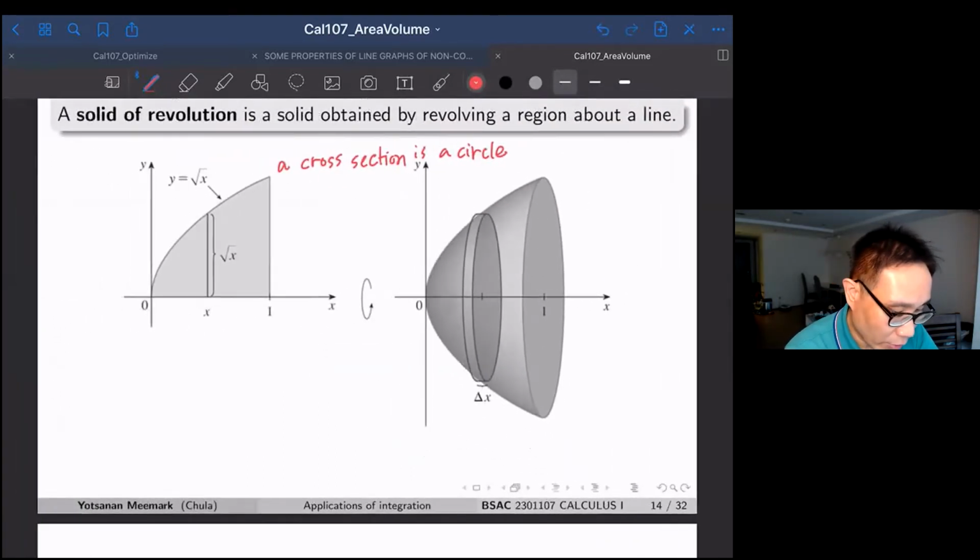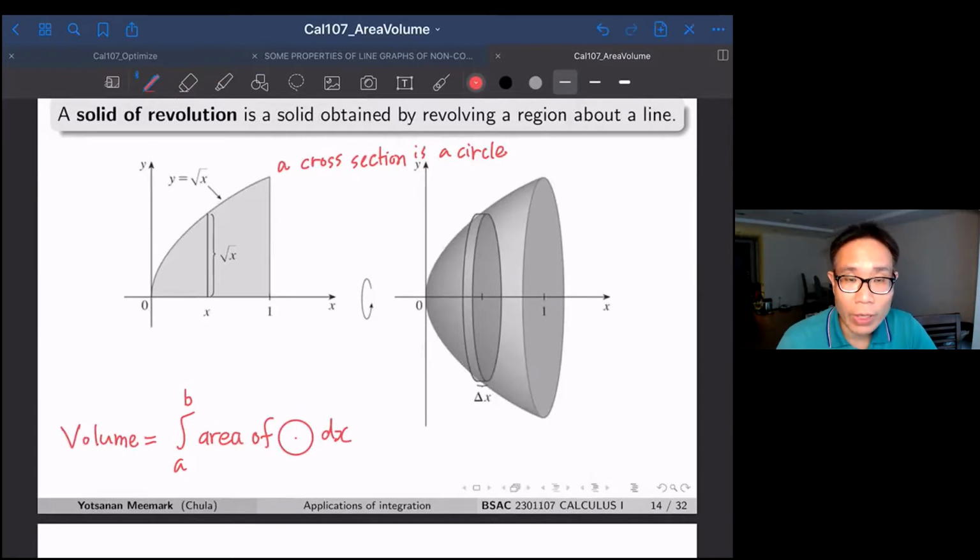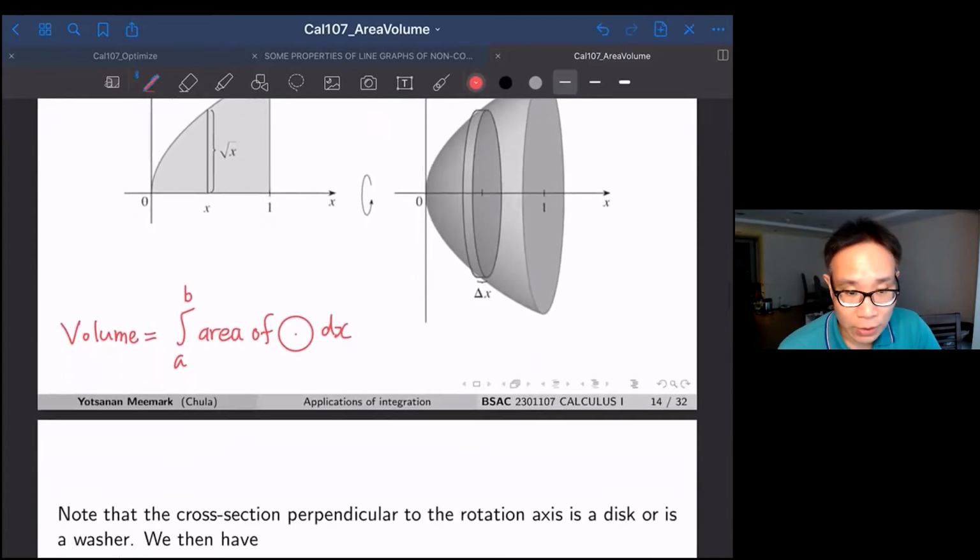In this case, it's gonna be the integral from A to B of the area of the circle, dx. This will give you the volume that you're looking for.